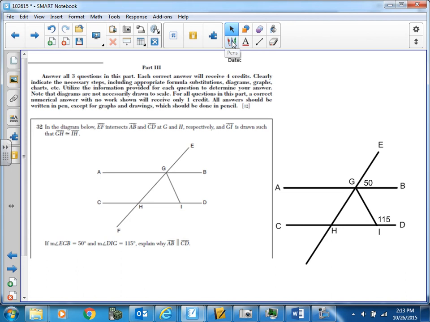So we could write that in our diagram, that GH is congruent to IH. Now I want you to think about what type of triangle GHI is. Think about that for a second.